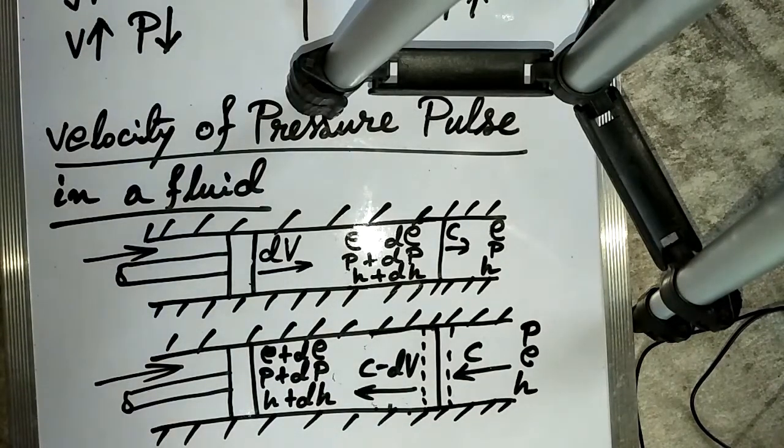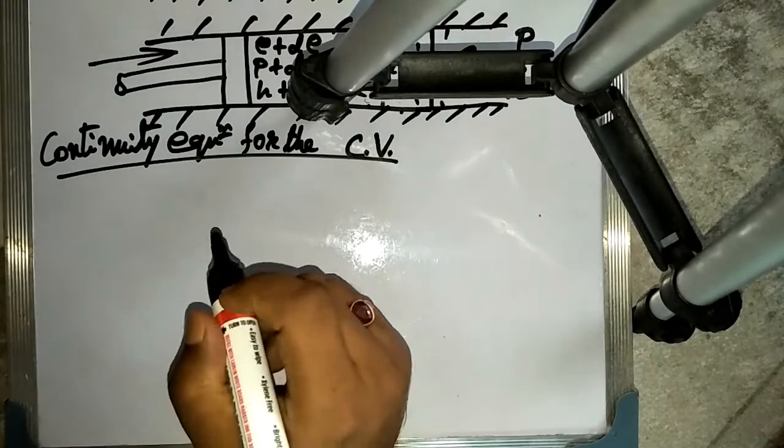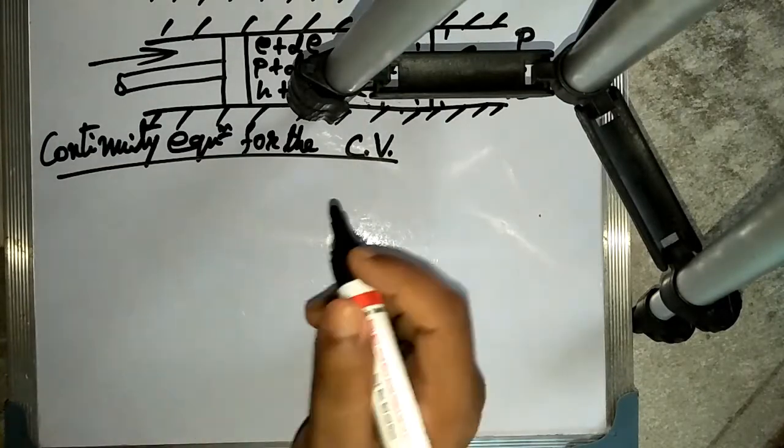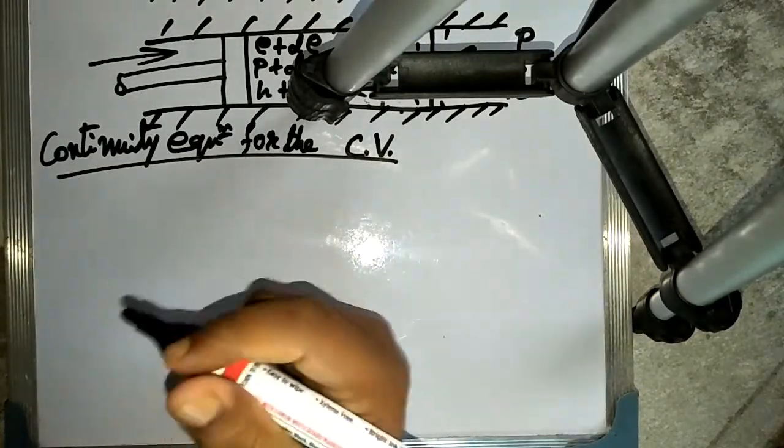Now if we apply the continuity equation for the control volume, let's see what happens.